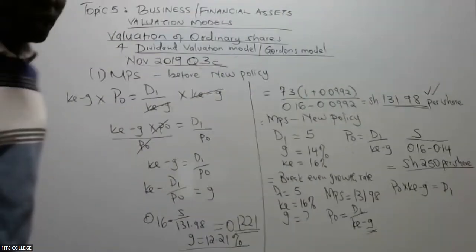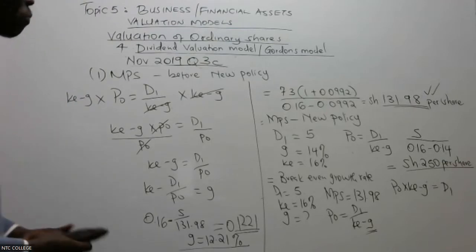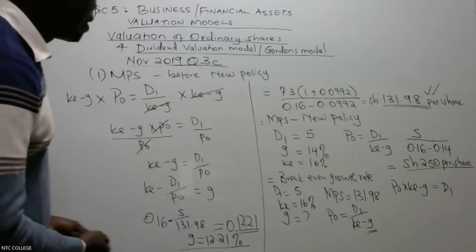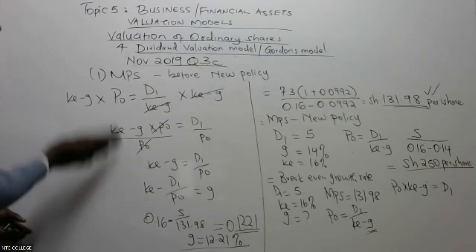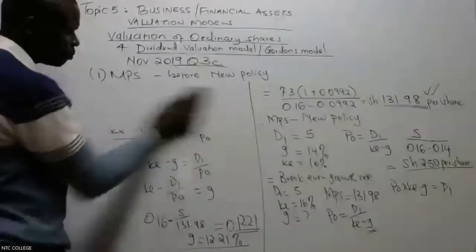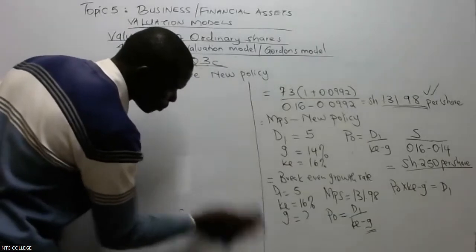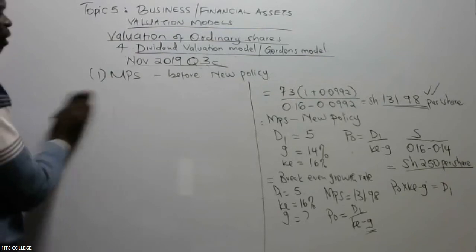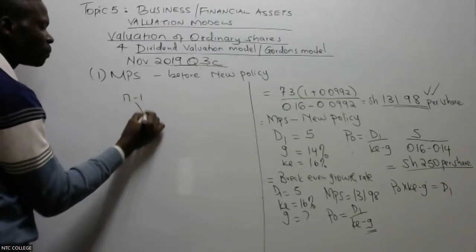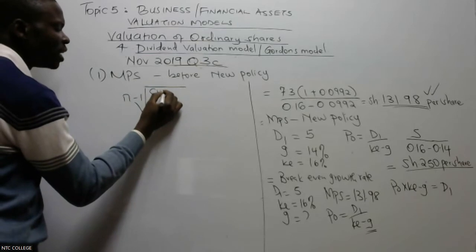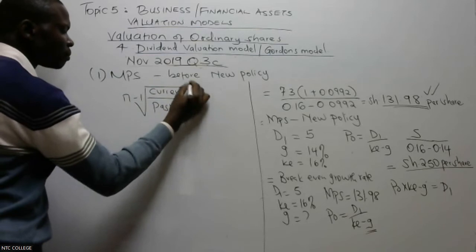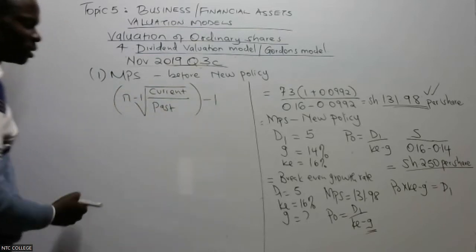How to punch the formula of G. Allow me to grab here. This is the formula we are told: n minus 1 square root of current dividend divided by past dividend, then less 1.